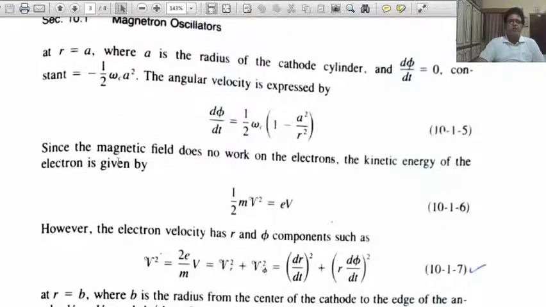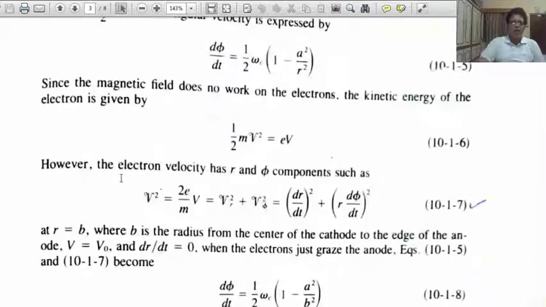Since the magnetic field does not work on the electrons, you know that the kinetic energy is due to the electric field, and the magnetic field only gives the curved path. The kinetic energy of the electron is given by half mv square equal to eV, that is given by the external potential between cathode and anode.